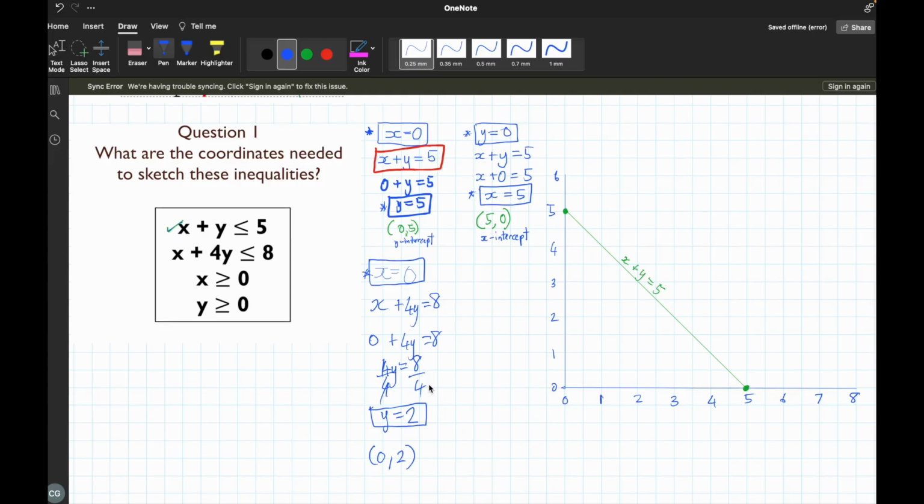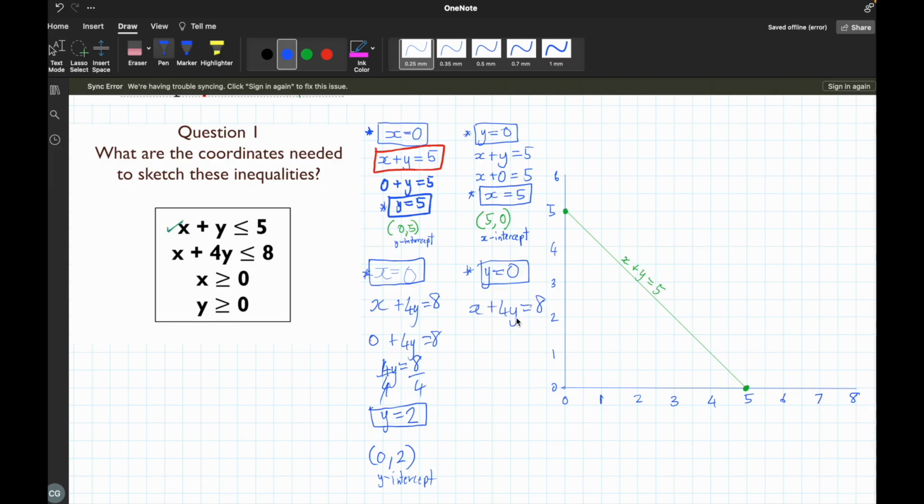Now, the next thing we're going to do is what? The x-intercept. And what's the value of y in that case? 0. So then we could say x plus 4y again is equal to 8.